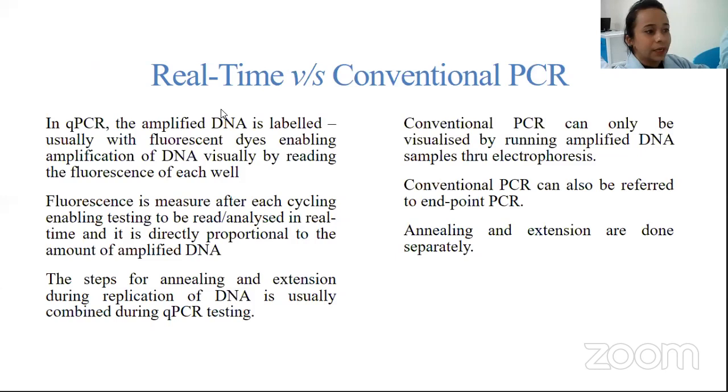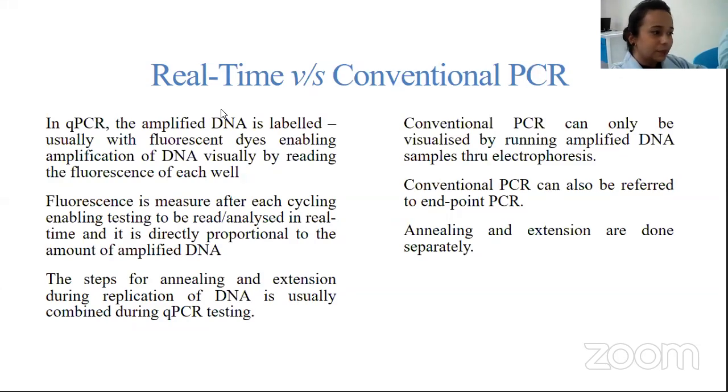So how is real-time PCR different to conventional PCR? In real-time PCR, the amplified DNA is usually labeled with fluorescent dyes, which enables the amplification of DNA to be visually detected, while conventional PCR can only be visualized when you run it through electrophoresis.